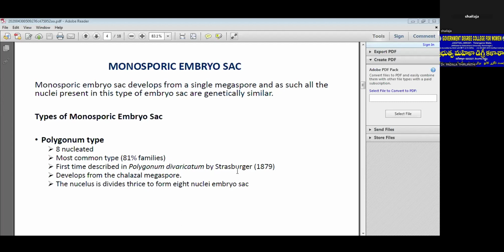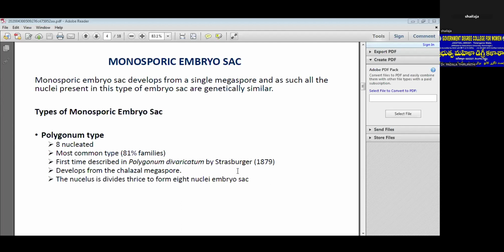It develops from the chalazal megaspore. Only a single megaspore participates in the development of the embryo sac. The nucleus divides thrice to form the 8-nucleate embryo sac.